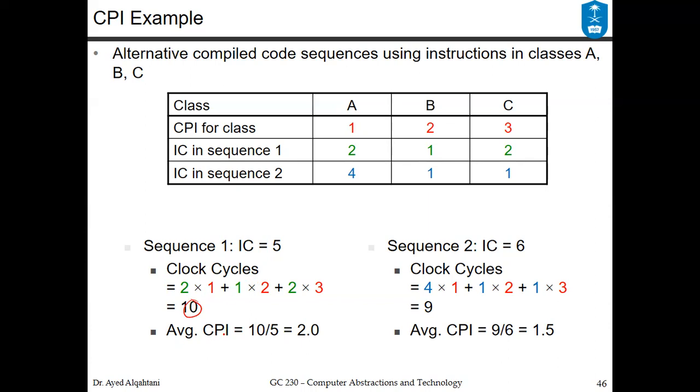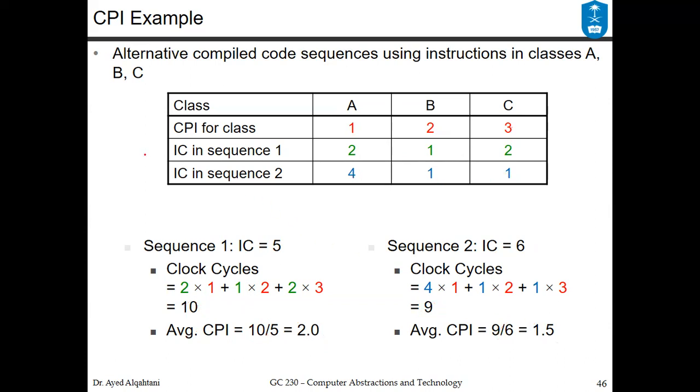Now, this is how many clock cycles you need for the program. How many cycles per instruction? It's 10 divided by the instruction count, which is going to be 2. So the weighted average CPI here is equal to 2. If we compute it for the other sequence, you have 6 instructions. The clock cycles: 4 times 1, 1 times 2, 1 times 3, and you add them together, you get 9 clock cycles. To get the average, you divide 9 by 6, the total instruction count, and you get 1.5.